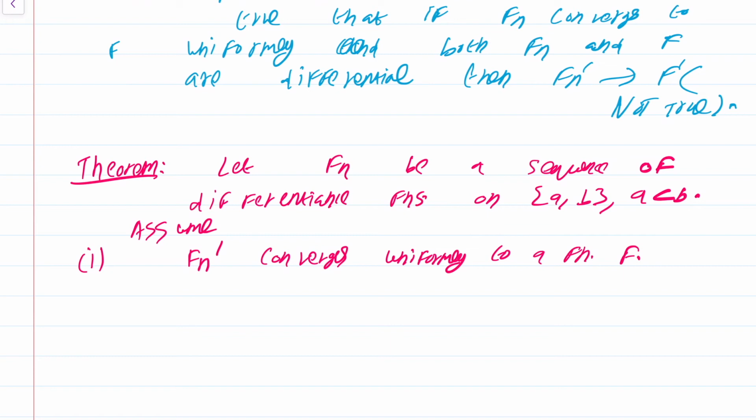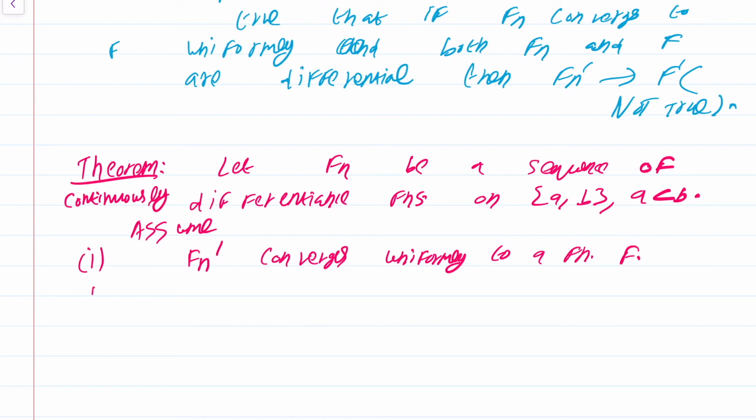So the hypothesis is that the sequence of derivatives converges uniformly to a function f. I must add one hypothesis: continuously differentiable. That means the derivatives are all continuous functions. This is the first hypothesis.